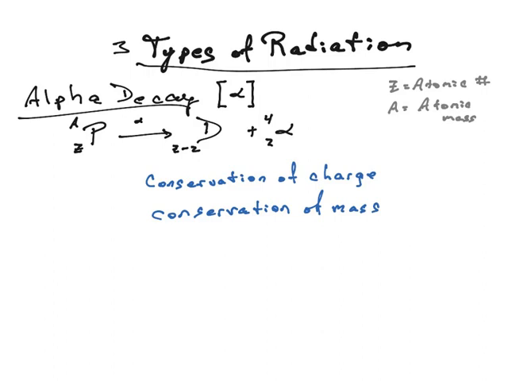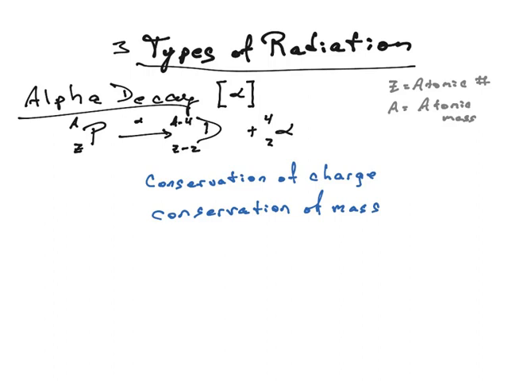The other is conservation of mass, and that says basically the same thing, only instead of looking at the atomic number, now we look at the atomic mass. So on the left, the atomic mass is A, some number A. What do we have on the right? Well, we already have 4 from the alpha particle, so the daughter, to add up to A, better have A minus 4.